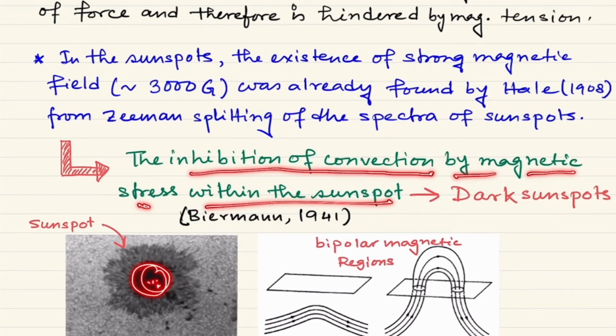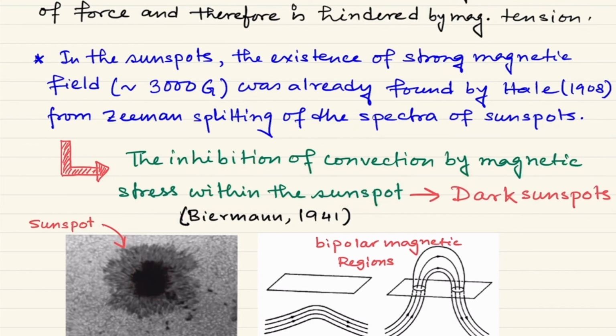Because the thermal convection is not efficient, from the convection region to the surface the energy is not transported efficiently, and that gives this part a lower temperature, and that's why you see this part as dark. And that was proposed for the first time by Biermann in the year 1941.